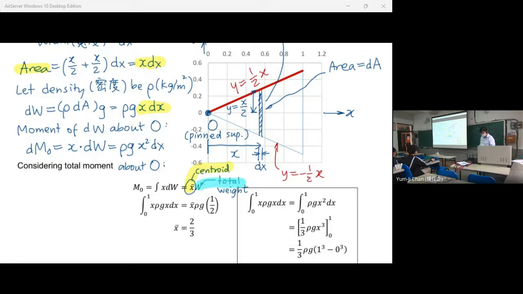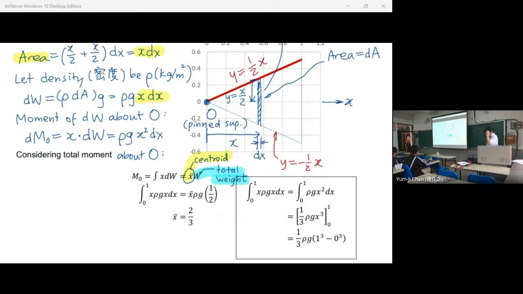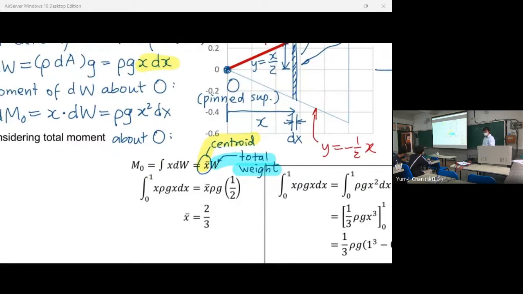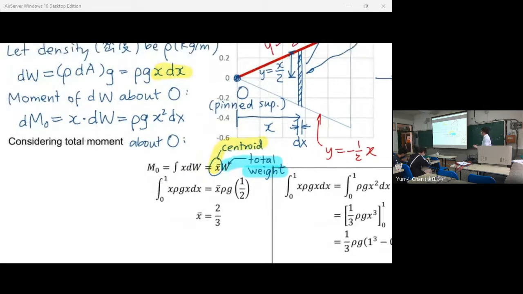I think it's easier to show. So if we consider many slices, we take this and put it into here, and then we add an integration sign here.